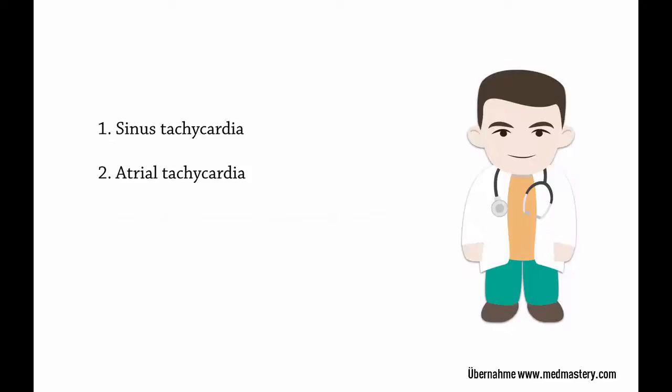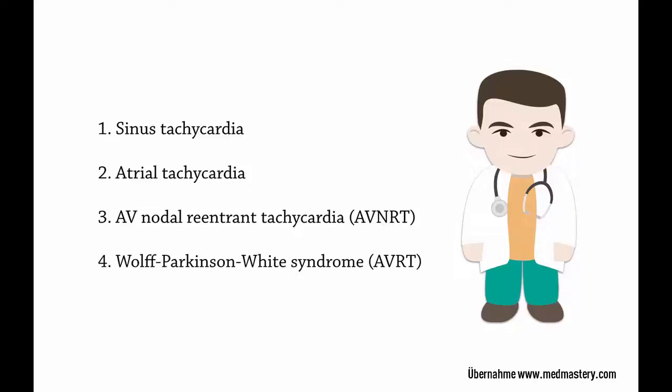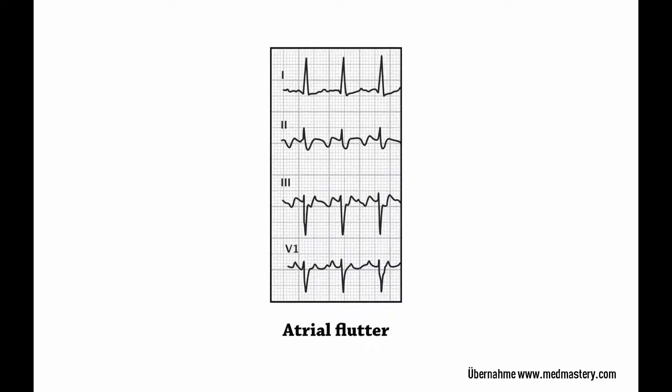It can be due to reentrant tachycardia in the setting of AV-nRT, or a reentrant tachycardia in the setting of the Wolff-Parkinson-White Syndrome, also called AVRT. And, not to forget, it could also be atrial flutter with regular 2-to-1 conduction, which means 2 flutter waves per QRS complex. Here, however, the flutter waves should have given us a clue in the first place. You can see them here.